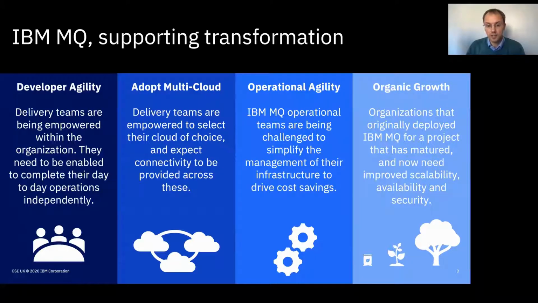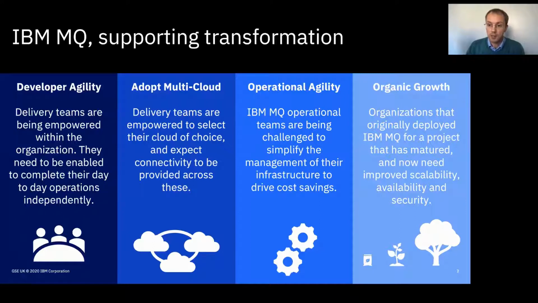Thirdly, we're seeing that the traditional teams that look after the infrastructure are being challenged to do more with less, to drive cost savings in the organization. They're being tasked with simplifying their management of those systems and automating many of the actions that they may have traditionally done manually.